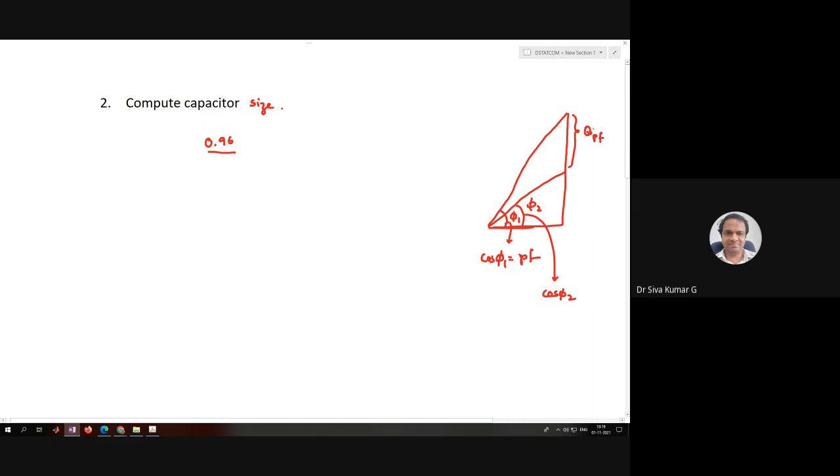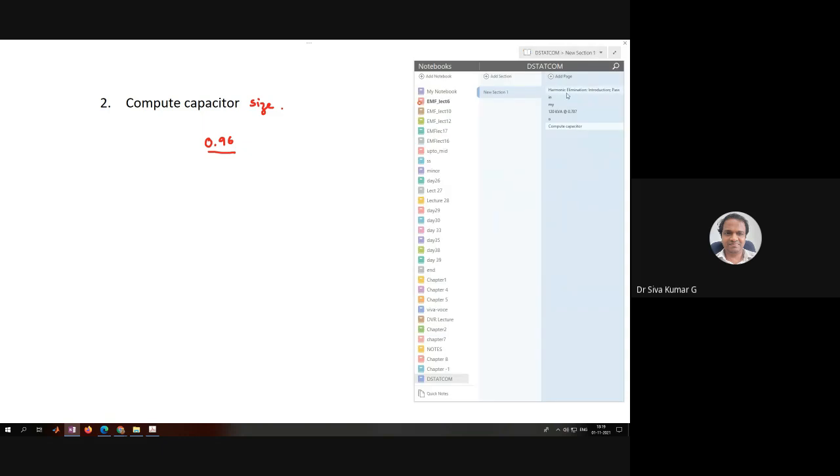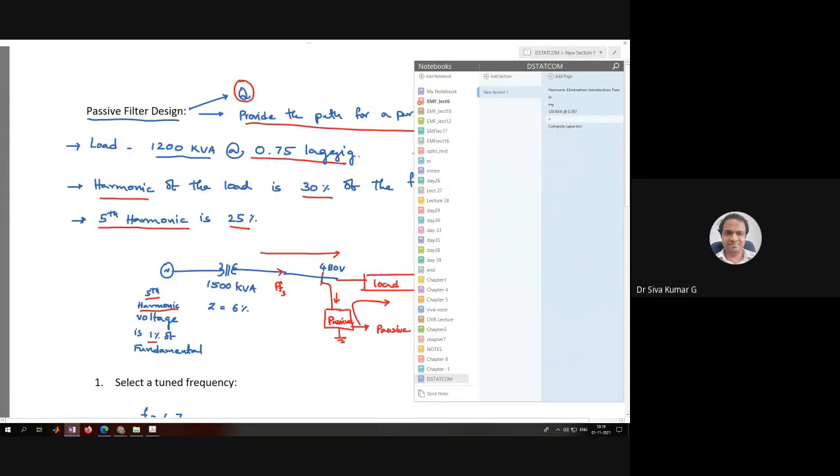In order to design the capacitor size, we need to know how much the Q is. There was slightly a mistake in the equation in the last class. Here it is 1200 kVA, right?